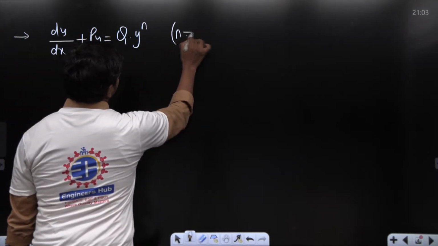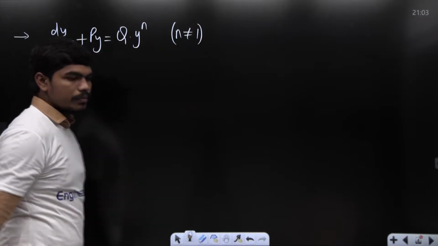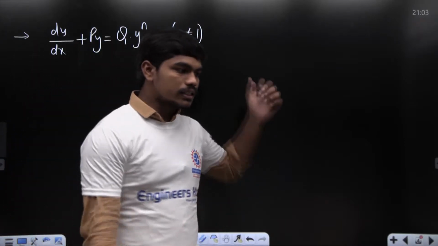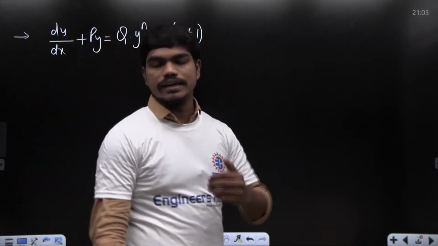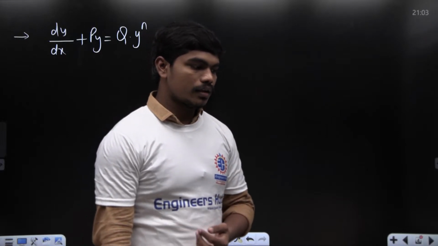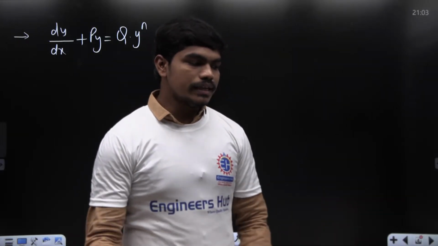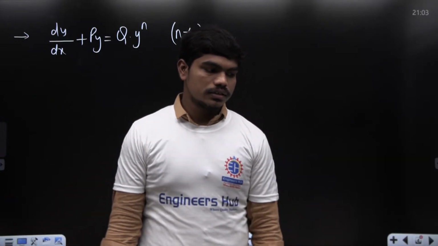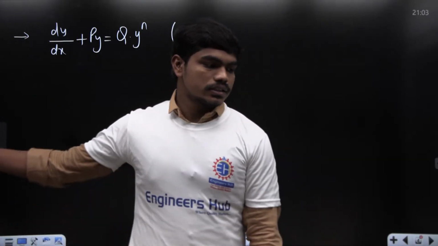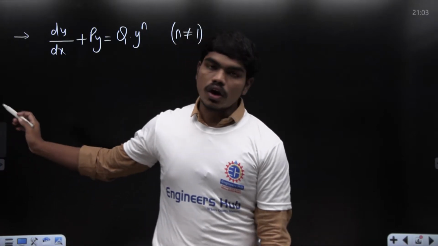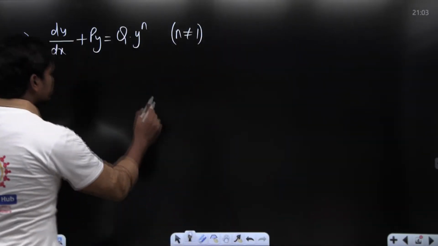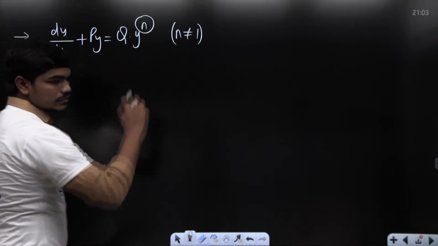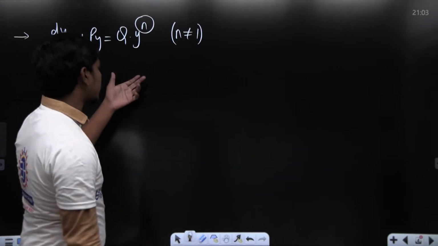Let us suppose n is not equal to 1, n is something more than 1 maybe. It's a non-linear equation. Correct? Because you can see this n here, and this n is more than 1, so definitely this is a non-linear equation.